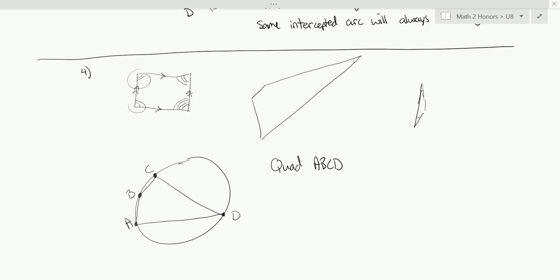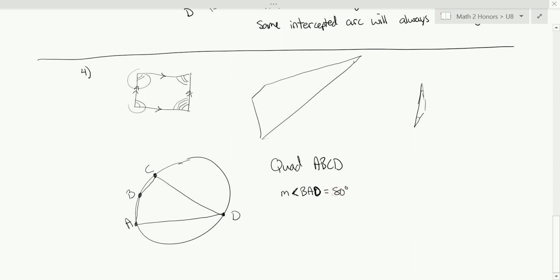I'm going to tell you that the measure of angle BAD, the bad angle, okay, that one looks kind of like 80 degrees maybe?